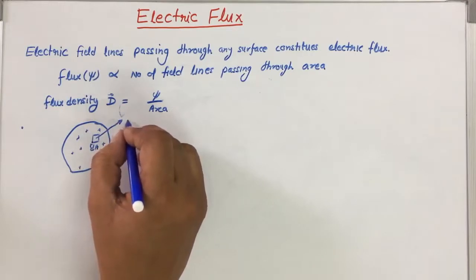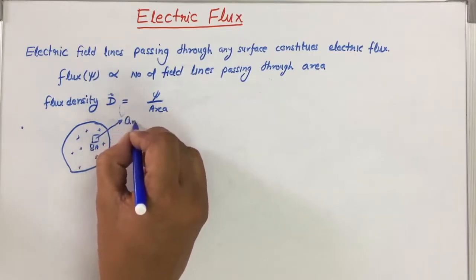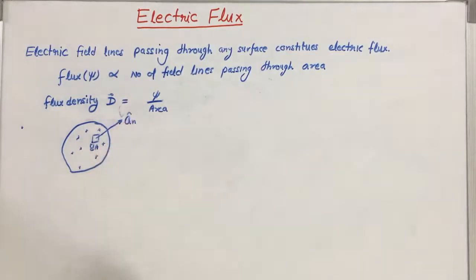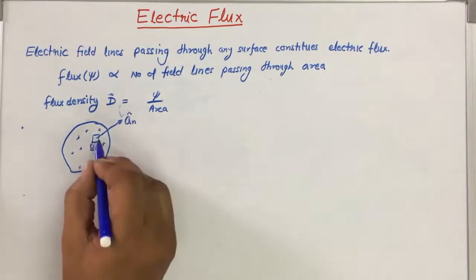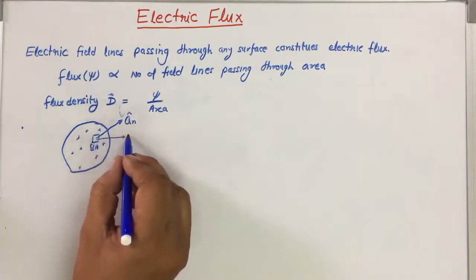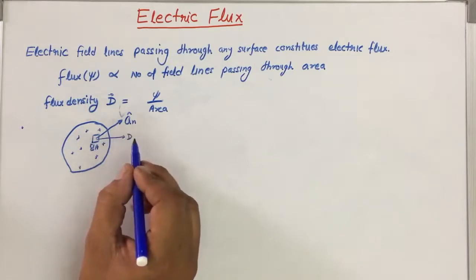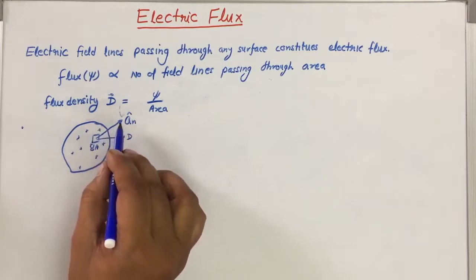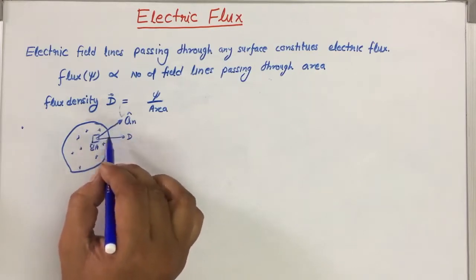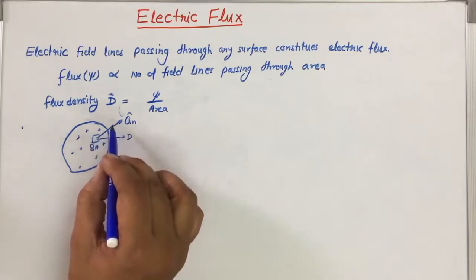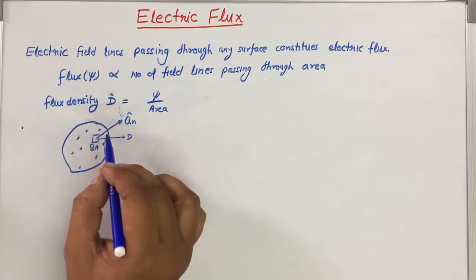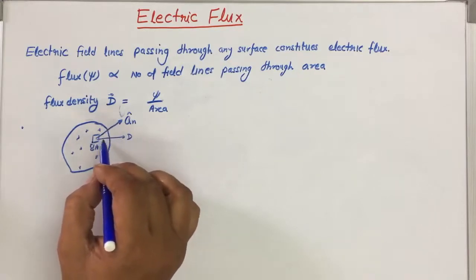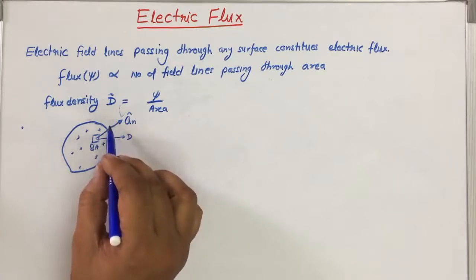If the field lines are passing in this direction, then we can define the component of these lines in the direction of the area. In this way flux is defined as the component of lines passing in the direction of the area.